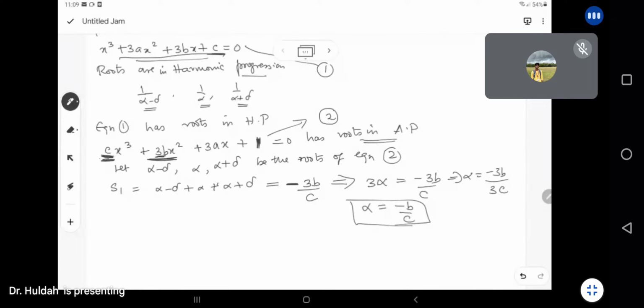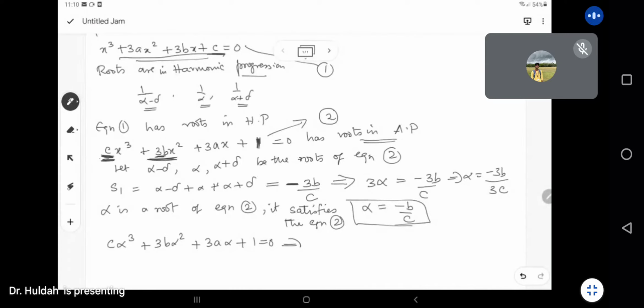Once you get alpha, we know that alpha is a root of equation 2. So I'll put it in equation 2. Because it's a root, it satisfies equation 2. Satisfies means I'll write c alpha cube plus 3b alpha squared plus 3a alpha plus 1 equal to 0.